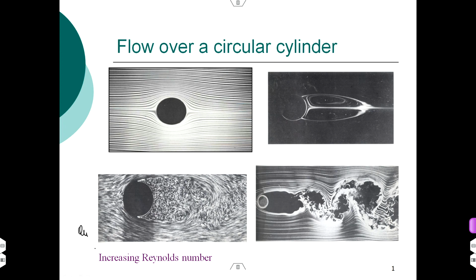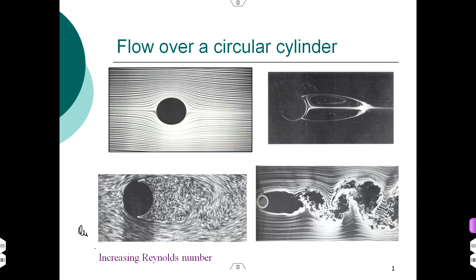So, this is low Reynolds number flow and flow goes around. In all these pictures, flow is from left to right. So, you have flow going around the cylinder conforming to the shape of the cylinder. You may call it attached flow.